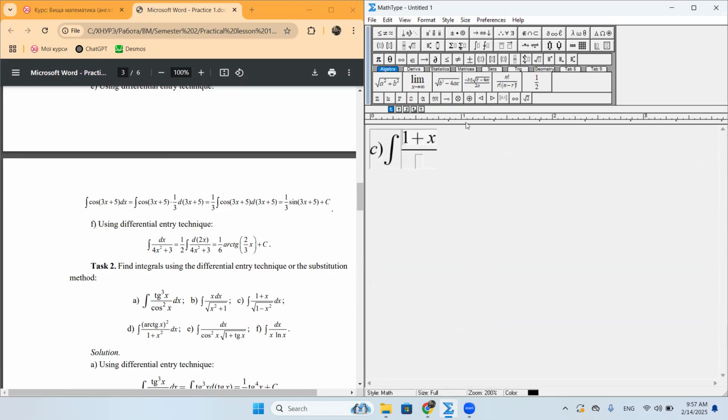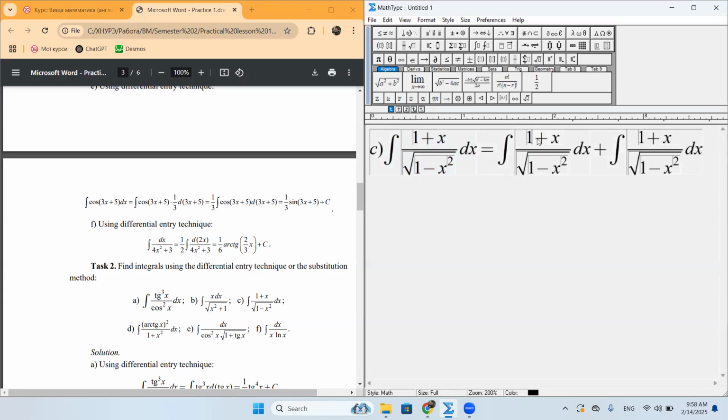So the next integral. What we will do here, we will use the property of linearity of the integral and also the differential entry technique.